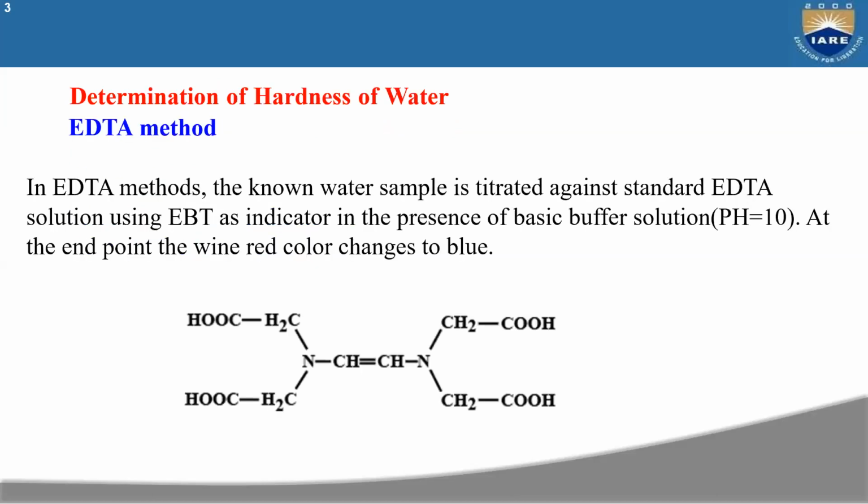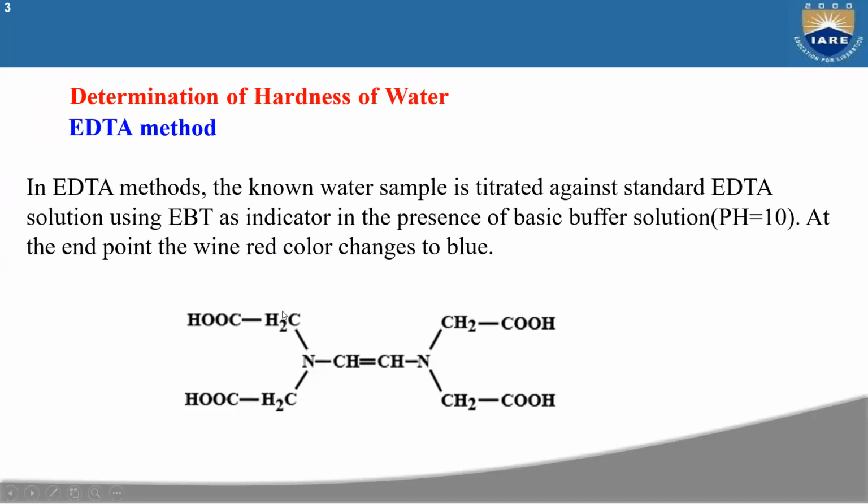So what is the full form of EDTA? Anybody? Ethylene diamine tetraacetic acid. So EDTA full form is ethylene diamine tetraacetic acid, and this is the structure of EDTA. Ethylene diamine: amine means NH2.